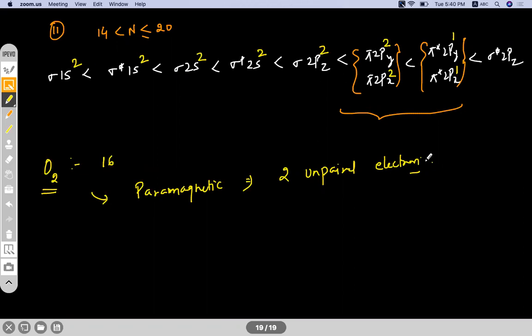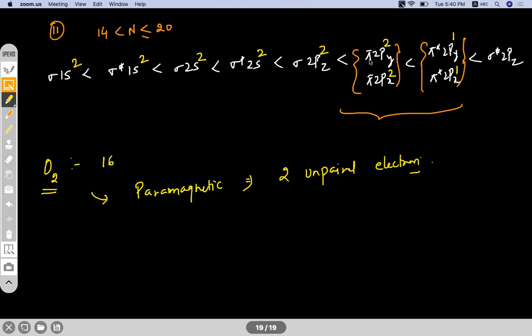Understood? Okay, that is how the magnetic behavior of oxygen has been explained.